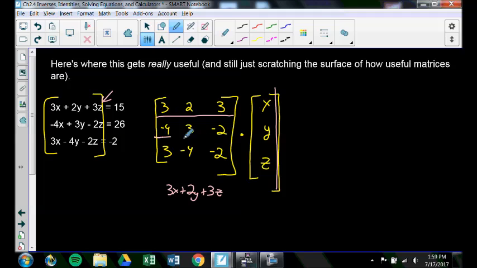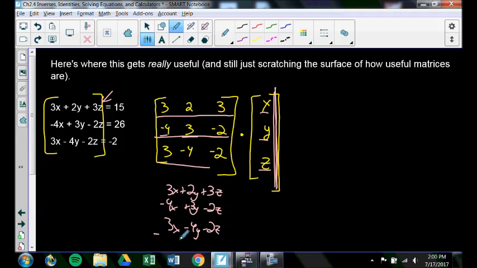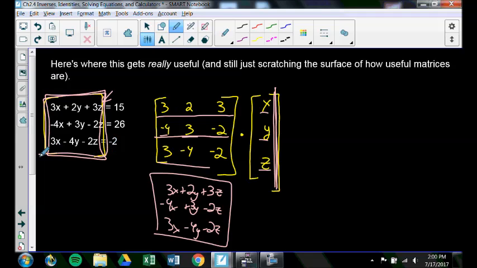And if I do this row onto this column, it becomes negative 4x plus 3y minus 2z. And if I do this row onto this column, you'll never guess what I get. 3x minus 4y minus 2z. This here perfectly matches this half of the system. So these two matrices multiply to give me the left half of that system that I had.